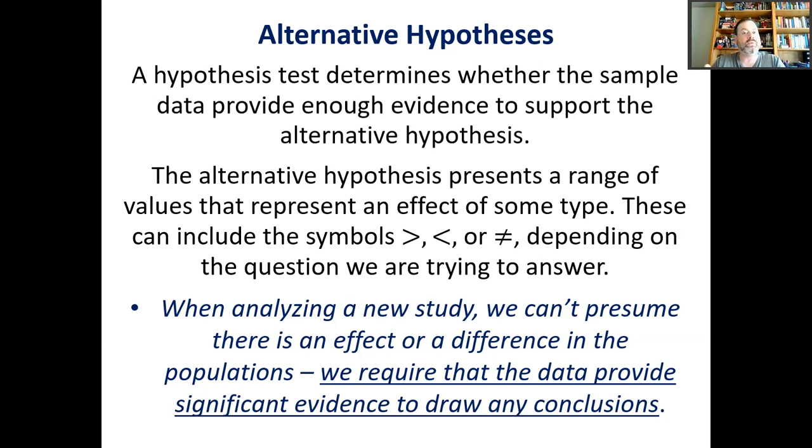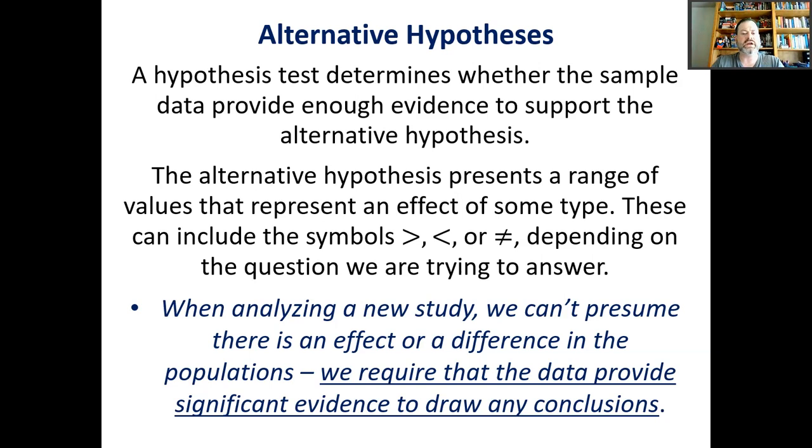So what we saw with the caffeine and finger taps was that our alternative hypothesis had a greater than symbol because the researchers were interested in whether the data would show that caffeine increased the finger tap rate. Significantly, right? Not just increase a little bit, but significantly.